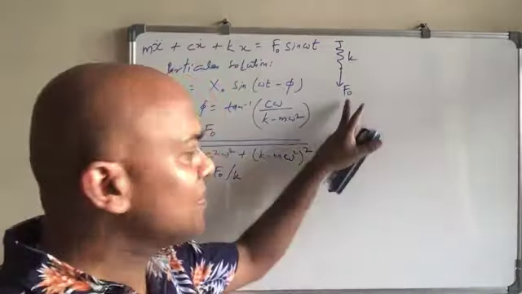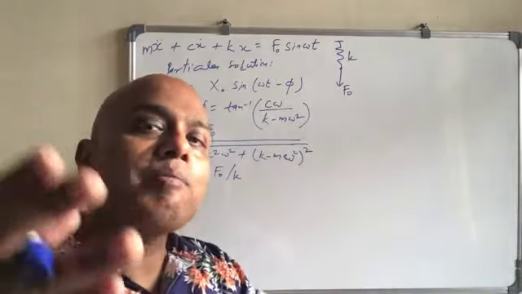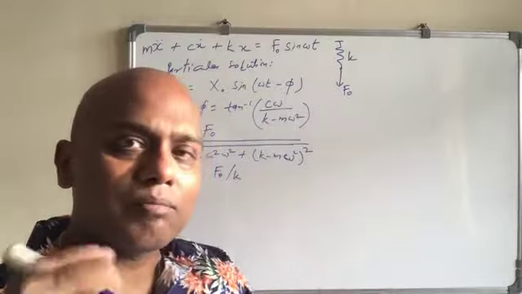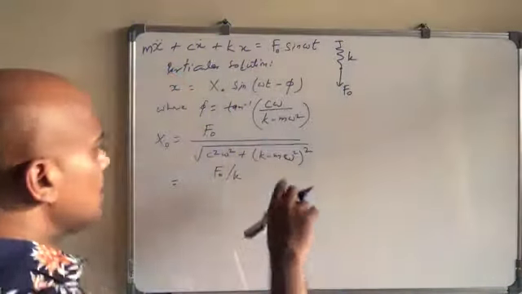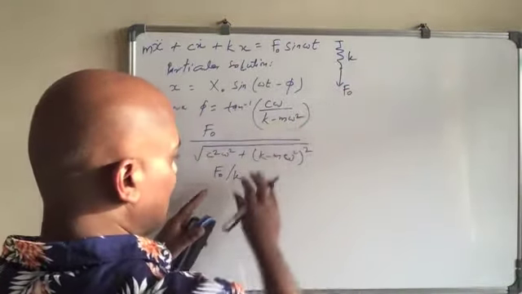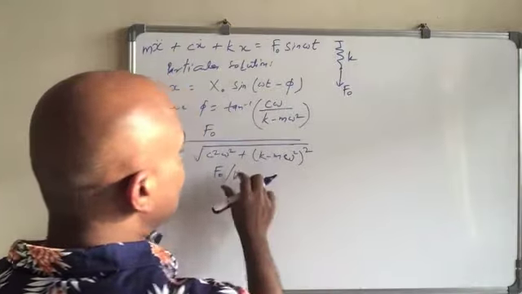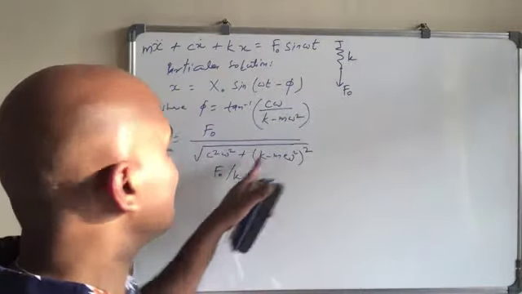So that will be the plus minus. From there it will either go up or down. So you are expressing it in terms of the static deflection, which is equal to F naught over k.